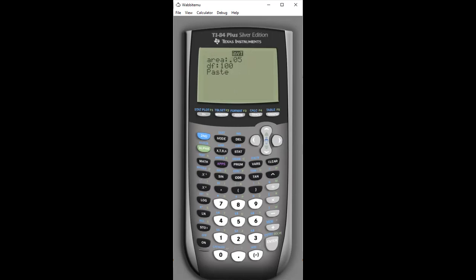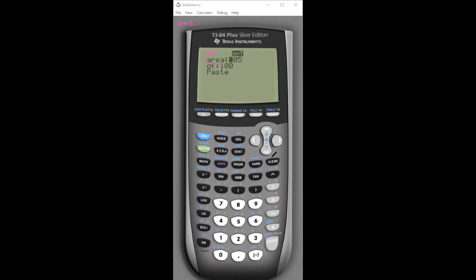What is the area? This is your alpha value, right? For this one, the alpha is 0.1.